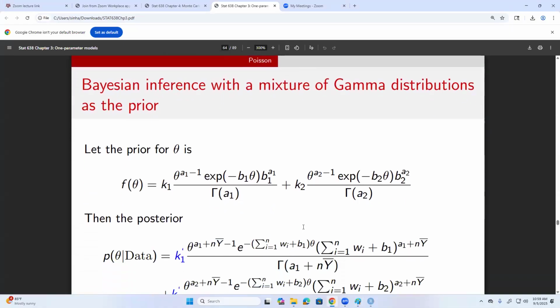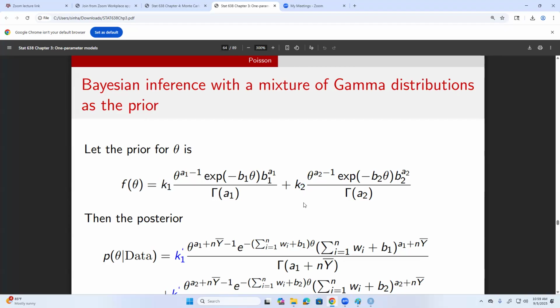All right, so now coming back to questions. Now we'll do, for the same problem, Bayesian inference with the mixture prior. So far we talked about Bayesian inference with the gamma prior, different A and B, and the Jeffreys prior, now the mixture prior. Let the prior for theta be a two-component mixture, and both components are gamma distributions, gamma A1, B1 and gamma A2, B2, with mixing weights K1 and K2.